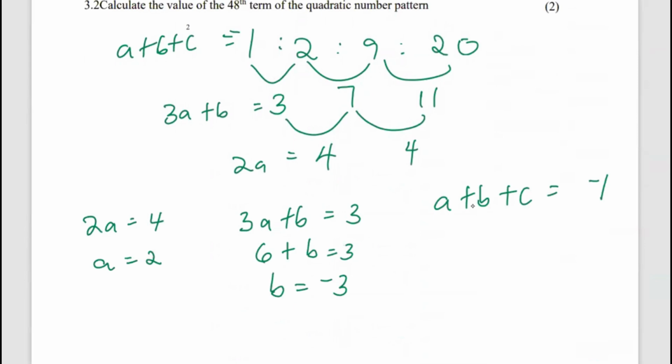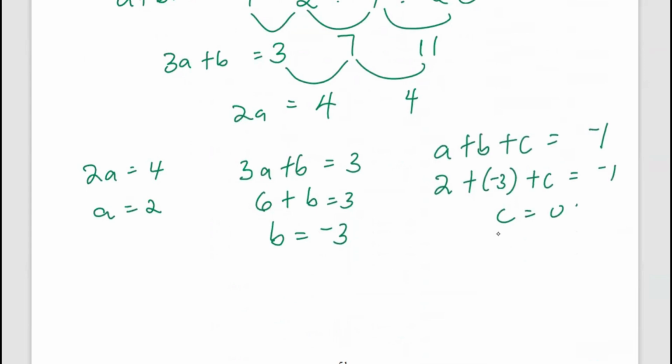If our a is 2, our b is negative 3, then we're looking for c. So 2 minus 3 is negative 1, which means c is going to be 0. So the Tn is going to be 2n squared minus 3n.